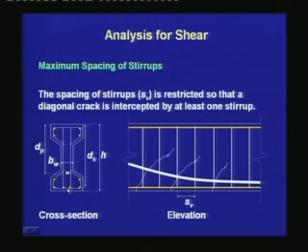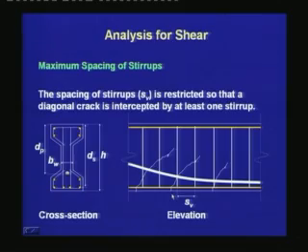So in the cross section, the notations are dp is the depth of the CGS, ds is the depth of the longitudinal steel, bw is the breadth of the web, and h is the total depth. Sv is the spacing of the stirrups which we are seeing in the elevation of the beam.